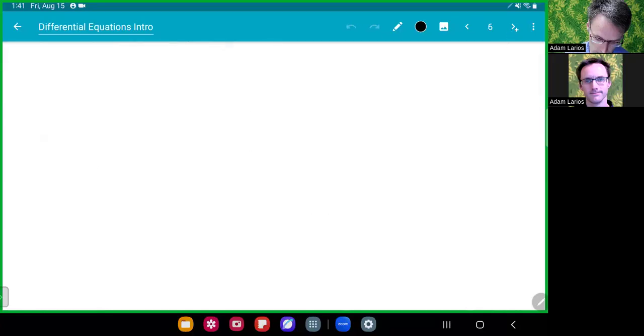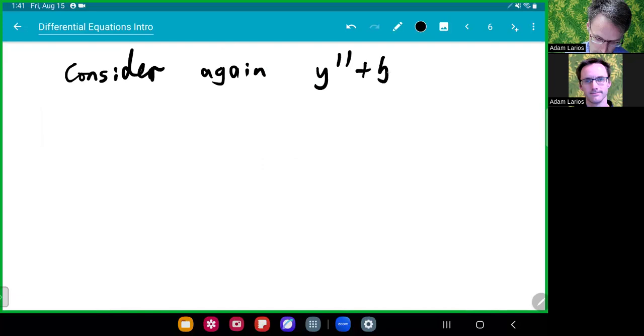Okay, so this can be a little bit tricky sometimes to understand abstractly. So let's give that a try. So consider, again, this equation, y double prime plus 5y prime plus 6y equals 0.